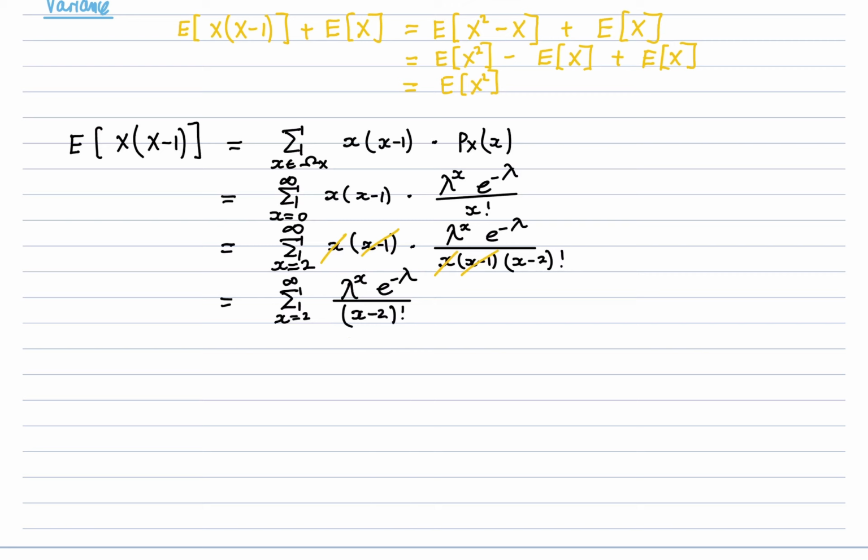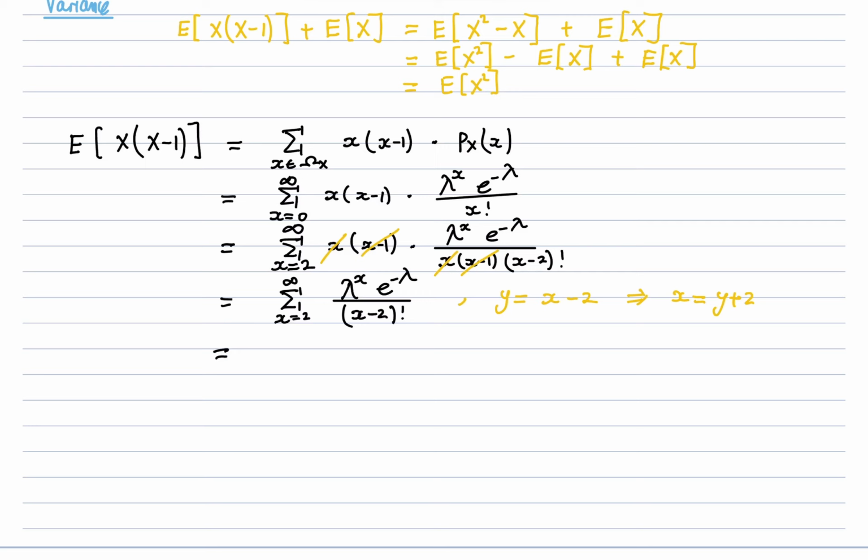And by a similar token, we're going to define y equal to x minus 2 this time, or alternatively, x is equal to y plus 2. Both of those can be defined here.